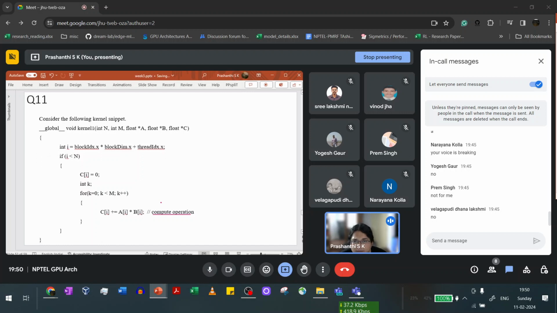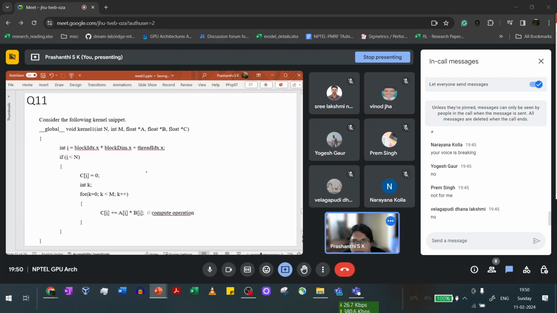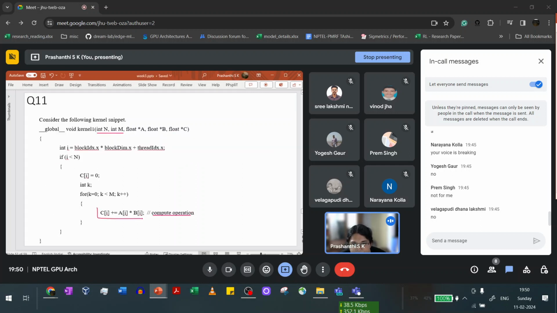Your question now says, given m equal to 128, n equal to 1024, so m and n were these arguments, and a total of 1024 threads being launched for this kernel, what is the total number of floating point operations? Again, floating point operations translates to total number of additions and multiplications pertaining to this operation.